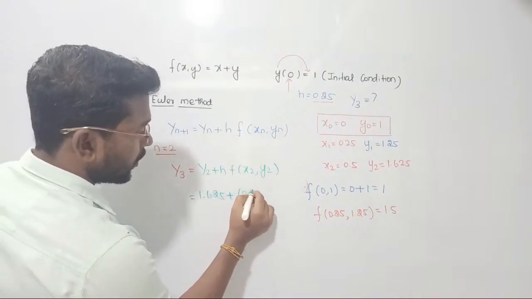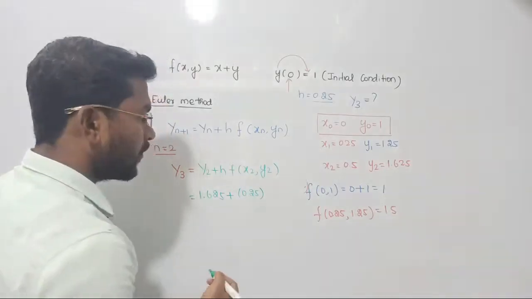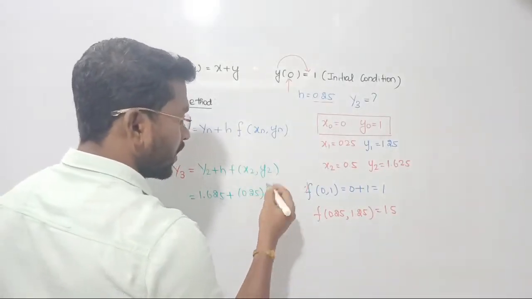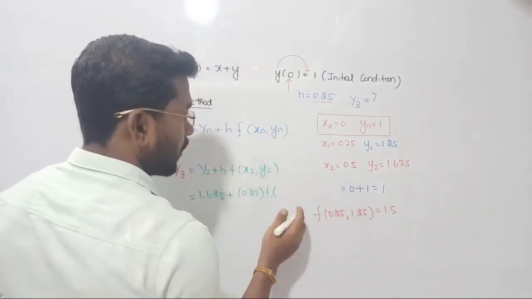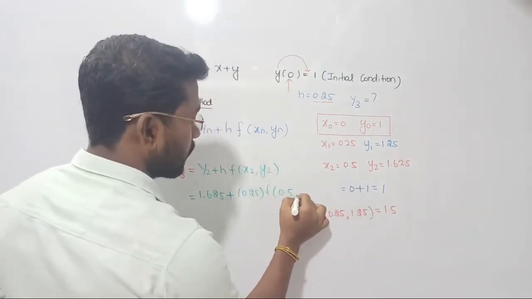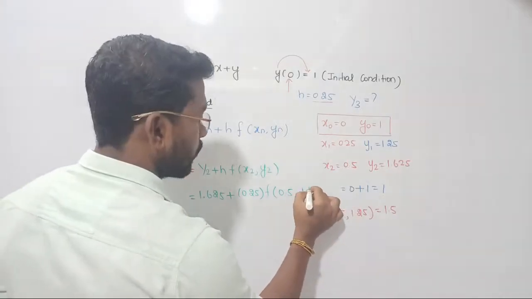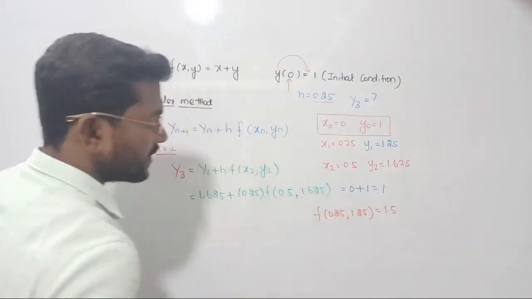Step size becomes 0.25. Yes, of course. f of x2 comma y2. x2 is 0.5, we know that. And y2 is 1.625. That is the Euler forward method, right?